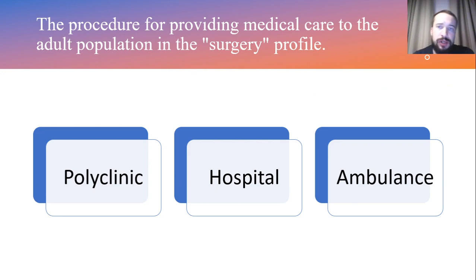The procedure for providing medical care to the adult population in the surgery profile. And there you see three terms: polyclinic, hospital, ambulance. All help or care of surgery will start from polyclinic. Every patient needs to come to polyclinic.